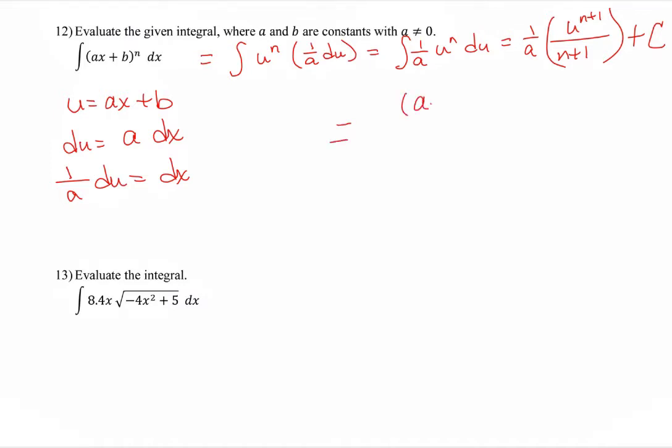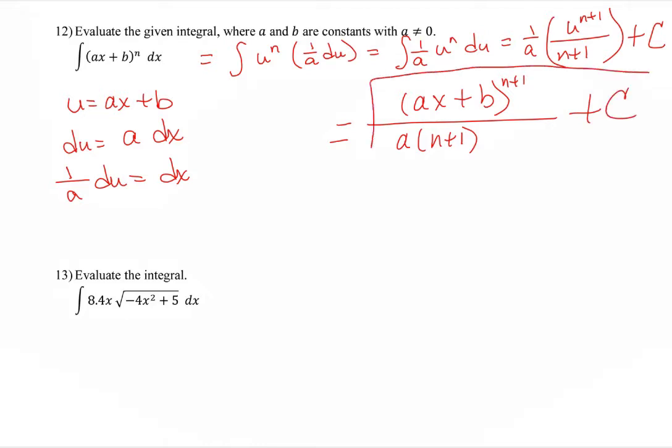So I have (ax plus b) to the n plus 1, all over a times (n plus 1), plus c. And this is just a general form of the power rule where I have a linear u for u substitution.